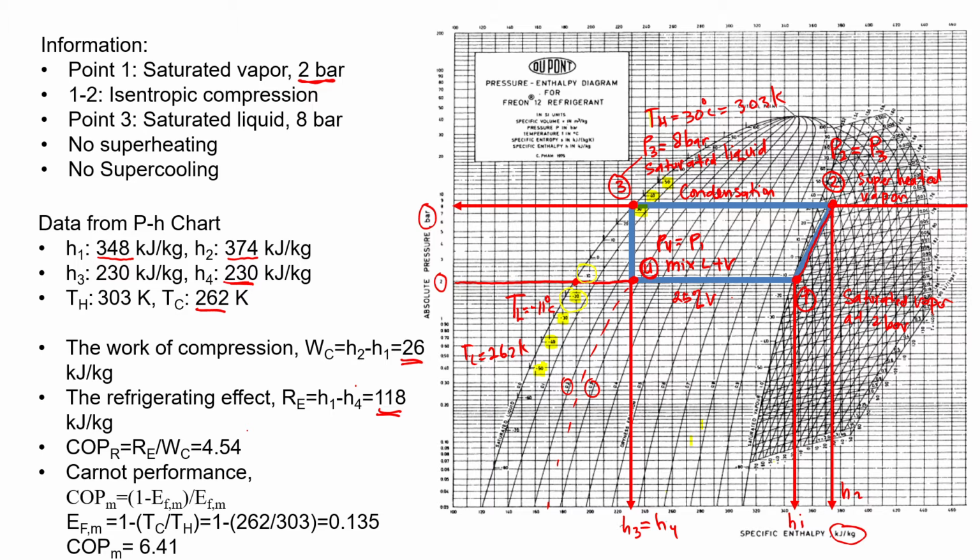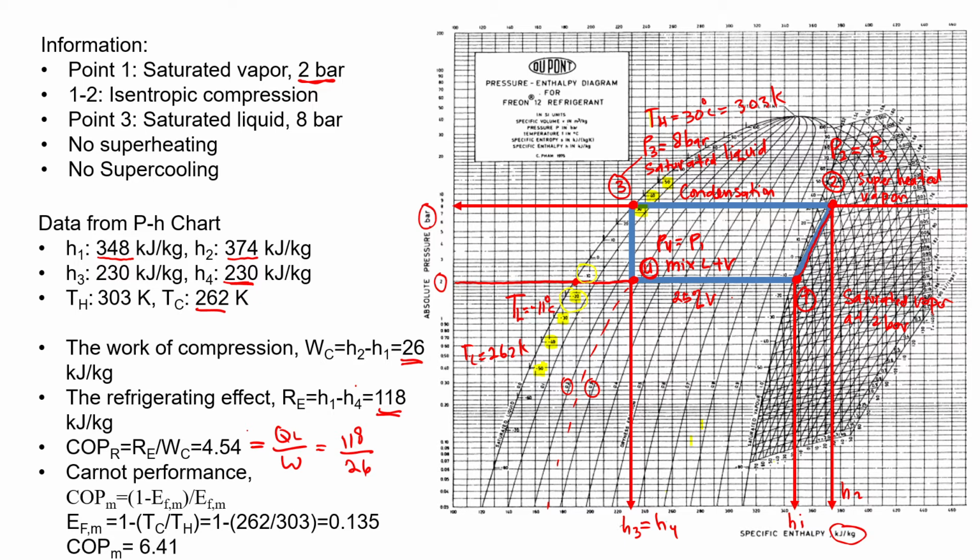So next is coefficient of performance. Coefficient of performance is QL divided by work. We know QL is the refrigeration effect, which is 118, divided by the work, which is 26. Okay, you get 4.58.